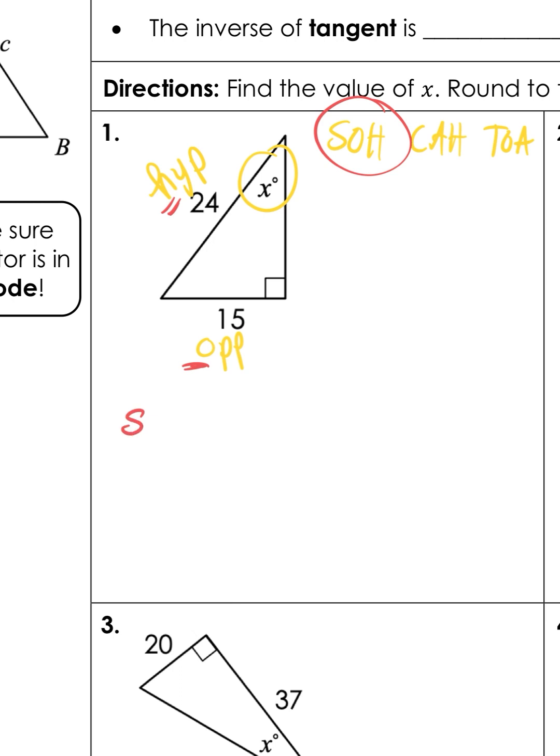So I'm going to say that the sine of x, see, this time I don't know what the angle is, the sine of x is equal to the opposite side, 15, over the hypotenuse, which is 24. And so now, in my next step, I'm going to divide by sine in order to isolate x and get x all by itself.